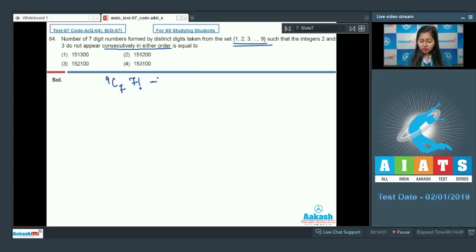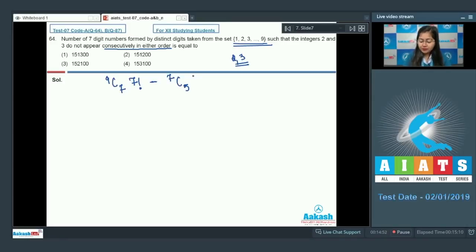Now to subtract those numbers, firstly we want to make sure that we select 2 and 3, right? Now we have already selected numbers 2 and 3, right? So from the rest 7 digits, we have to select 5 digits first, right? In 7C5 ways.